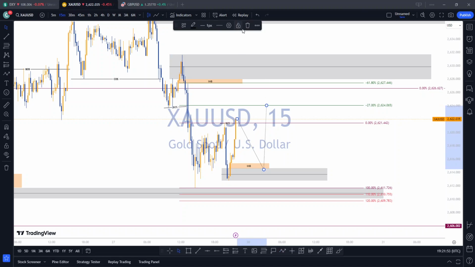This will be my first TP, and this will be my second TP. The second TP will be from here to here, around this imbalance right here.